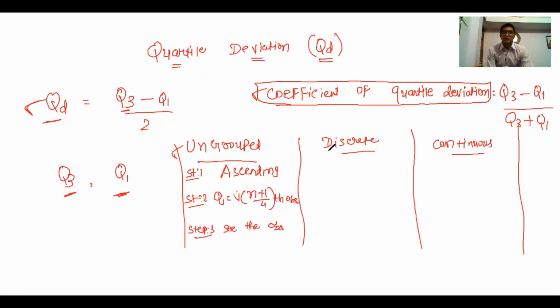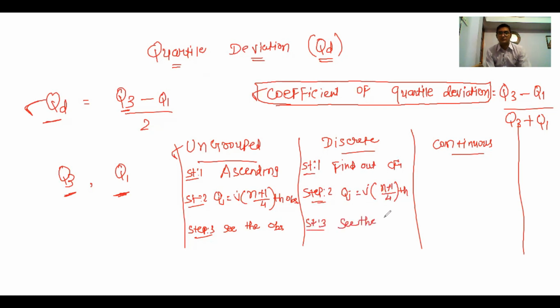Now for discrete variable, step number 1, find out CFi. Step number 2, Qj is equal to j times n plus 1 divided by 4th observation. And step number 3, see the observation. Here you can see that in step number 1 there is a slight change. Otherwise step 2 and step 3 are the same.